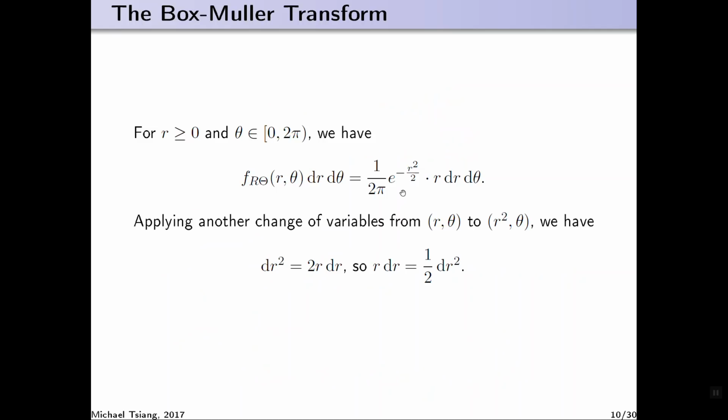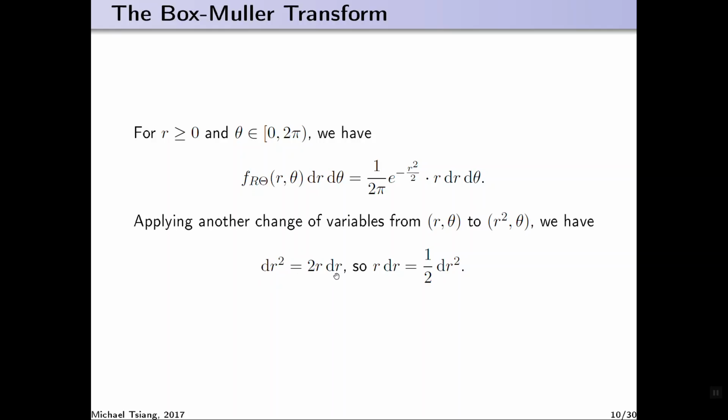All right, so after we do our change of variables, we have our r d theta. And again, r goes from 0 to positive infinity, and theta goes on the interval 0 to 2 pi, okay? And then we're going to do another change of variables. We're going to go from r to r squared. If it's easier or helpful, you can think of we're going from r to v, where v is equal to r squared, okay? What is dv or what is d r squared?